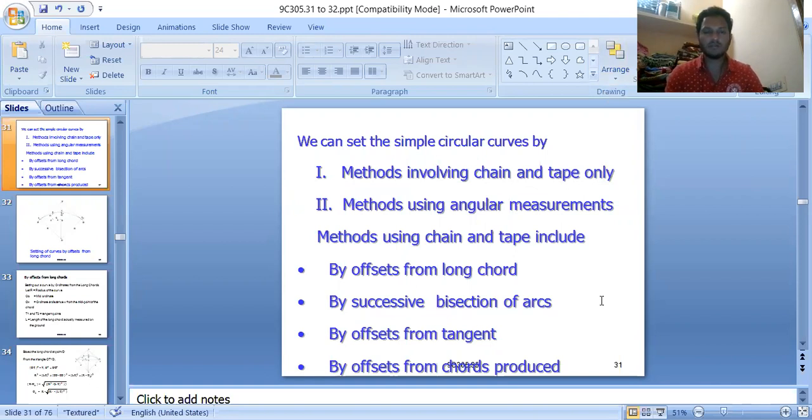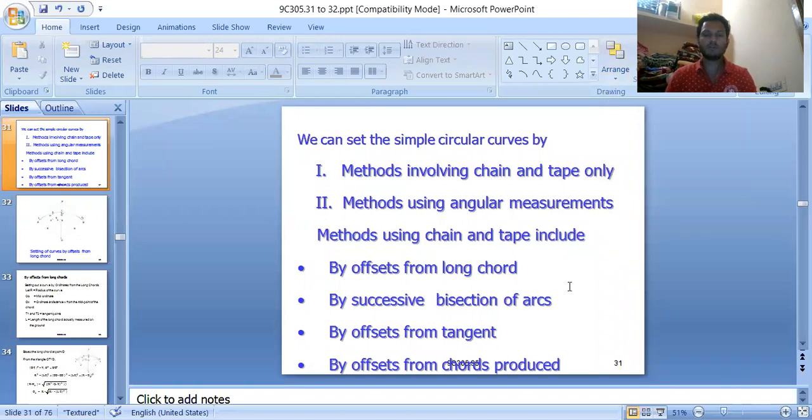As discussed earlier, you can set simple circular curves by 2 methods: methods involving chain and tape, and methods involving angular measurements also. In the first type, we have offsets from long chord, successive bisection of arcs, offsets from tangent, where we have 2 methods also: radial offsets and perpendicular offsets.